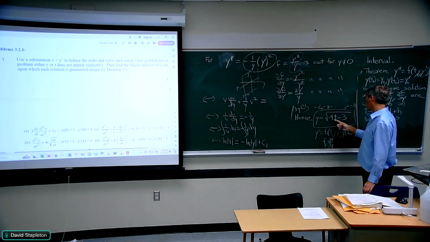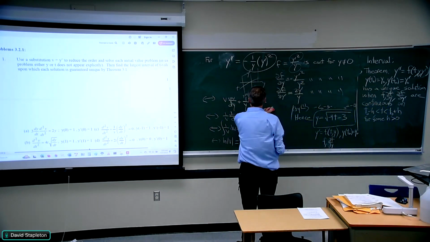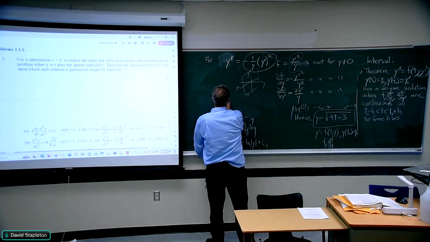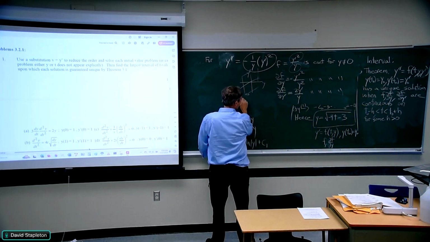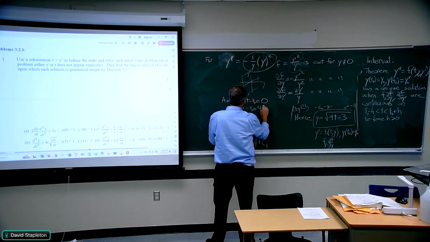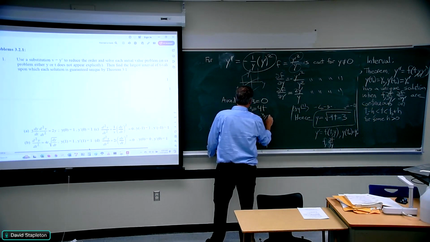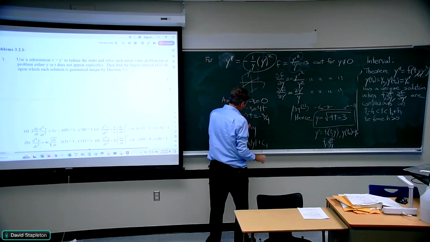Y equals 0 apparently when minus 4t minus 3 equals 0, which is equivalently, let's see, minus 3 equals 4t, so it's t equals minus 3/4. So we avoid, according to that solution, y equals 0. So apparently this then has a solution.